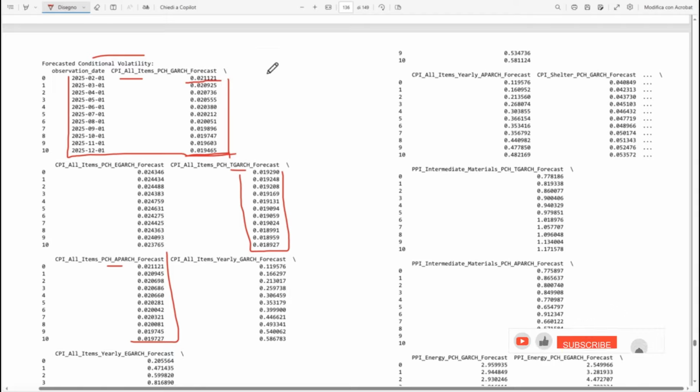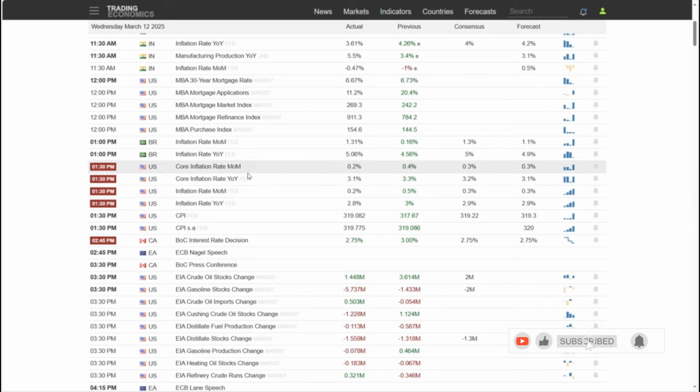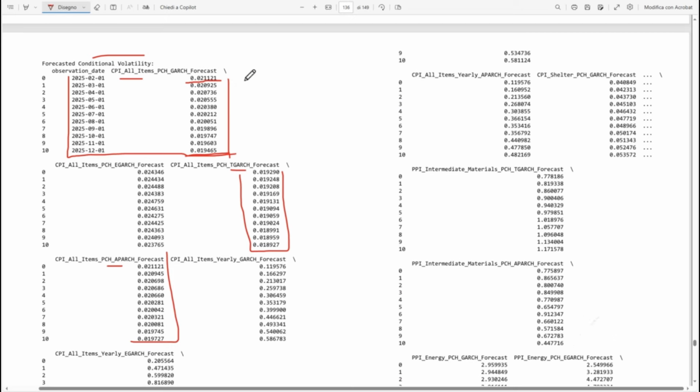If I take this in percentage terms, it's exactly as this one, CPI inflation rate month on month 0.2%. If I consider this, well, this would be 2%. But nevertheless, I will need one more zero in here. But if these are percentages, then it's equal to 0.2%.